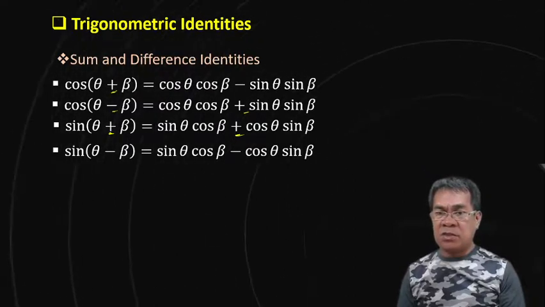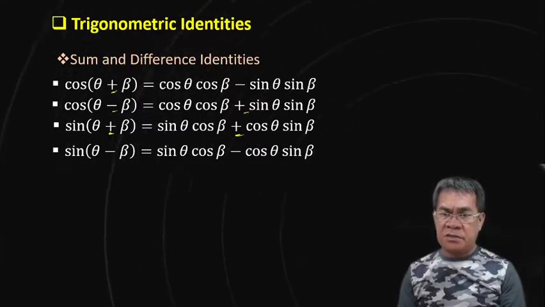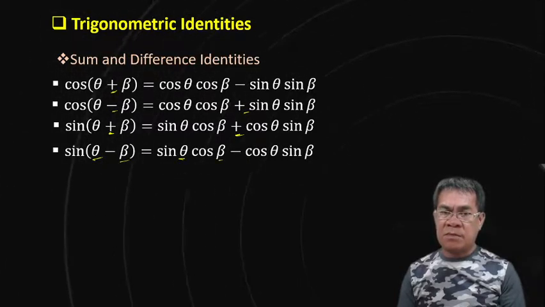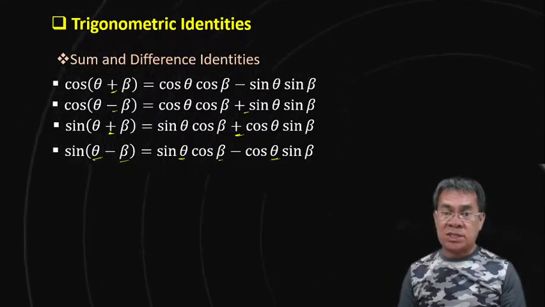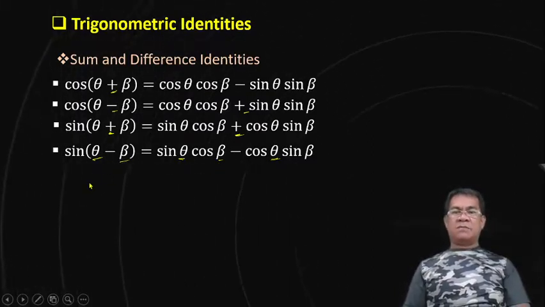The arrangement of the angles must be in order: alpha, beta, alpha, beta. So this is alpha, beta, and this is sin cos, and this is cos sin. Do not change the arrangement.